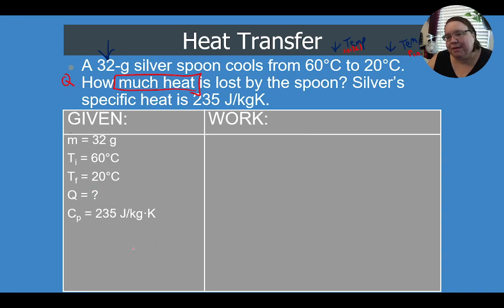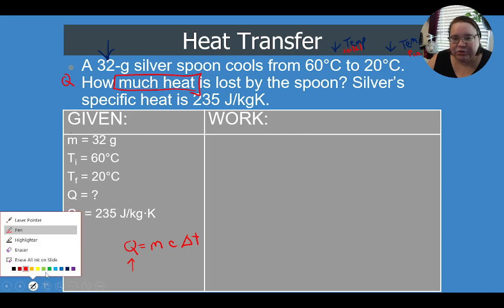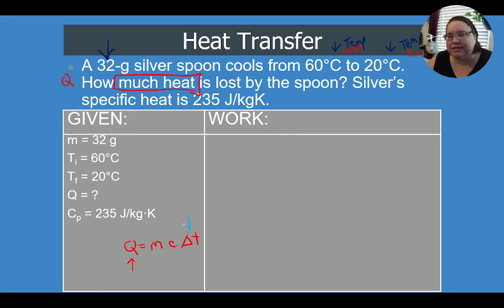So looking at my equation, it is Q equals mcΔT. It is asking us to solve for Q, so I don't need to rearrange it or anything. I don't have to plug it into the triangle. But I do want to solve for my delta T value before I try and plug it into my calculator. Because depending on the calculator, if I plug it in incorrectly, I'm going to get the wrong answer.